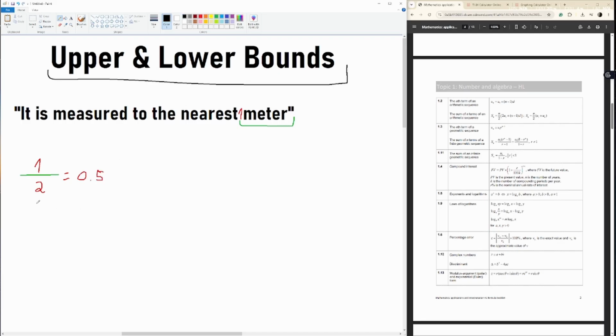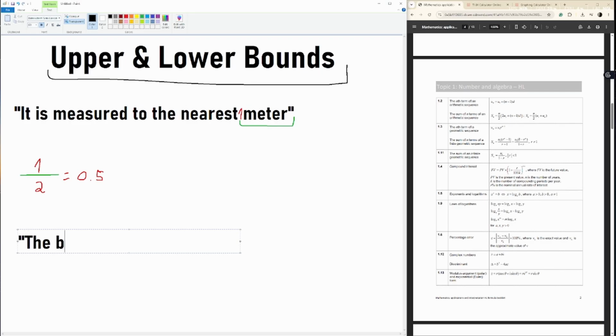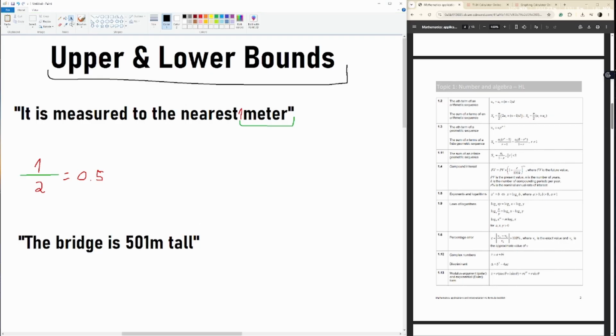And if you want to find upper and lower bounds, let's say you're given that the bridge is 501 meters tall, and then after that it says that however it is measured to the nearest 1 meter.